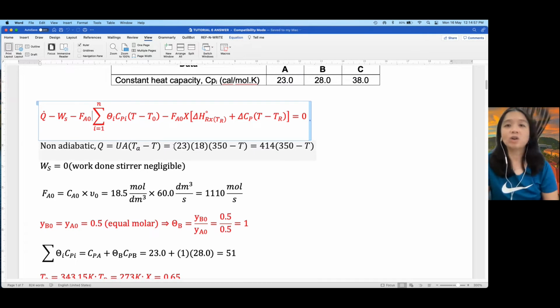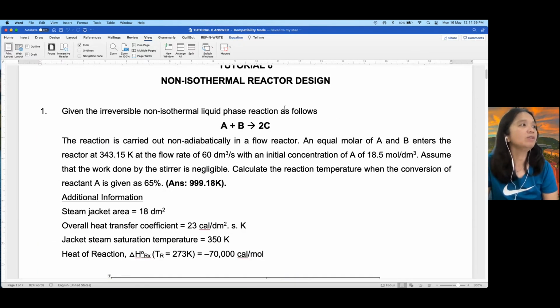So in this question, in our reaction, we only have two reactants, A and B. There are no other compounds, there are no other inerts. How do I know this? Because you can see in the question, they do not mention any other species.